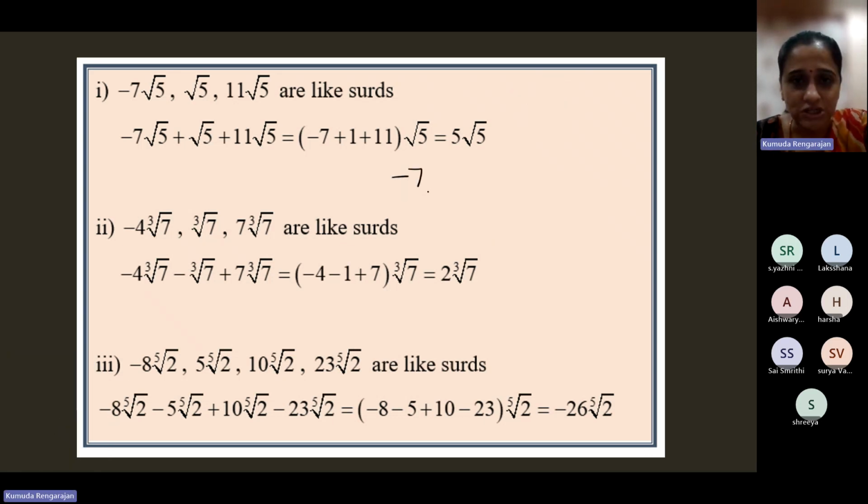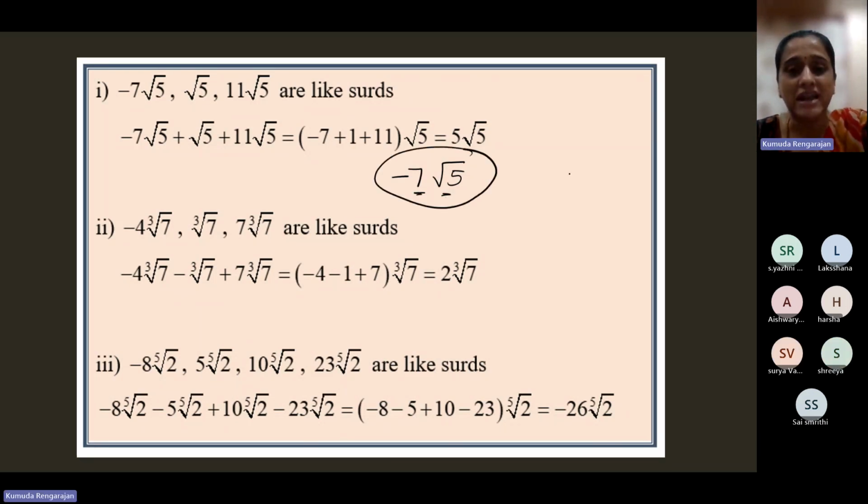Minus 7 is rational because it's an integer. Square root of 5 is irrational because it is the square root of an imperfect square. 5 is not a perfect square. Now the product of this rational and irrational, as a whole, is irrational because this one is a non-terminating, non-repeating decimal, and multiplied by minus 7 it will be a different non-terminating, non-repeating decimal.